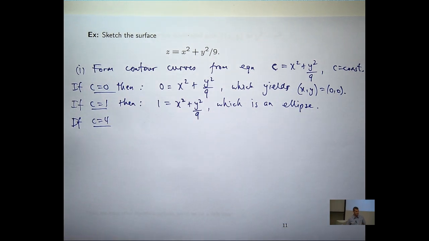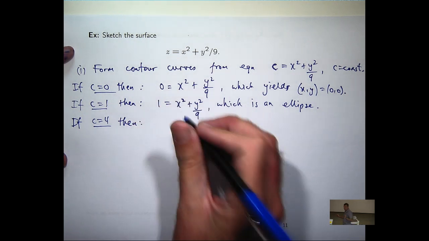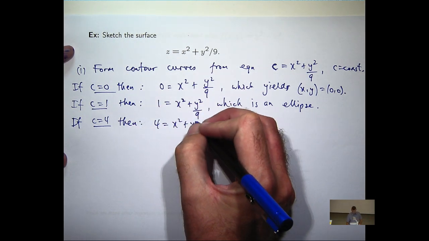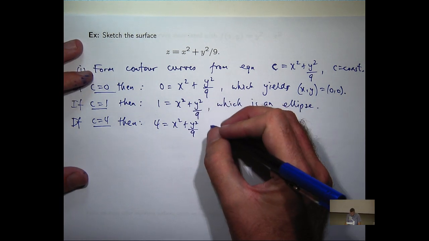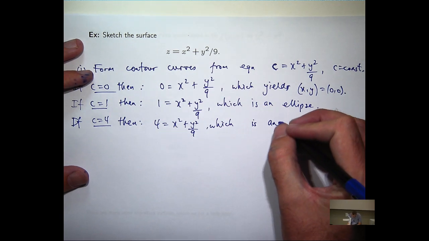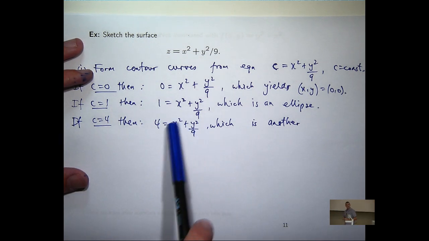Now I could choose c equals 2 or c equals 3, but it's not going to give me the nice numbers that I really want. Okay? So over here I'm going to get 4 equals x squared plus y squared on 9, which is another ellipse. Okay, I can just bring the 4 down, I'll get 36 down here and 4 down here.